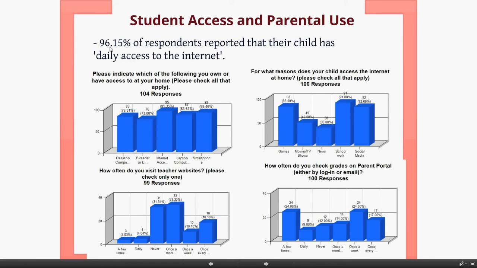As you can see, 96% have access to the internet, but 31% never check the teacher's websites. And since this is a parent technology survey, I'm not sure if that's consistent with students as well, but at least with parents, access to the internet does not equate to looking at their son or daughter's grades or the teacher's websites.